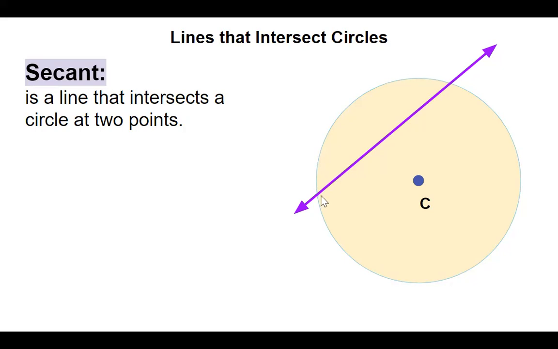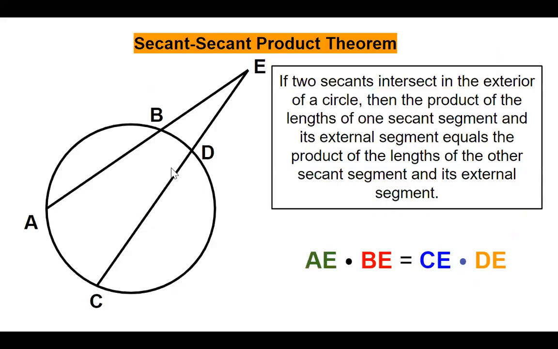Now, we're going to be focusing on the secant as it intersects another secant or another tangent outside of the beautiful circle. So our first theorem is this one.